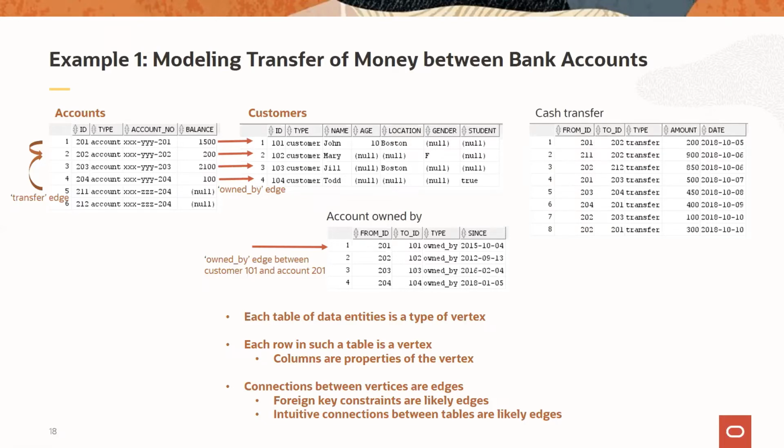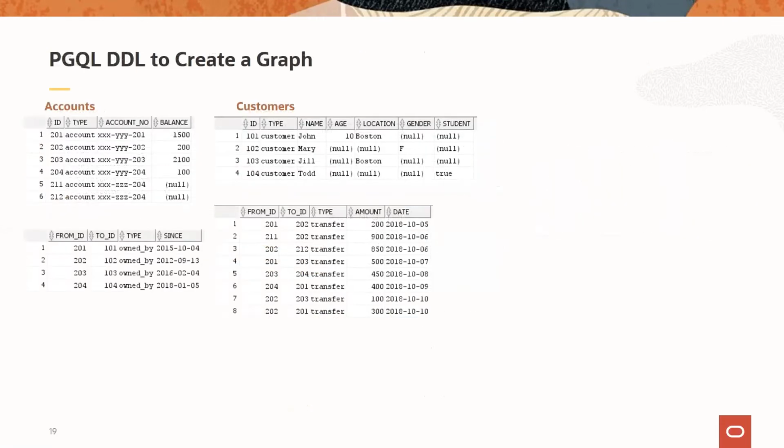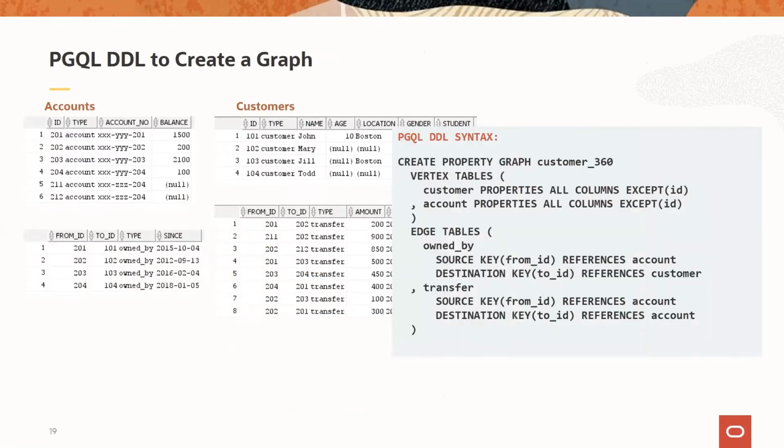So now that I've looked at my tables and I say that, okay, these are vertices, these are edges, and I've identified a few additional edges, how do you create this? We have the DDL syntax as part of the property graph query language, where you can create a graph based on syntax that looks like this.